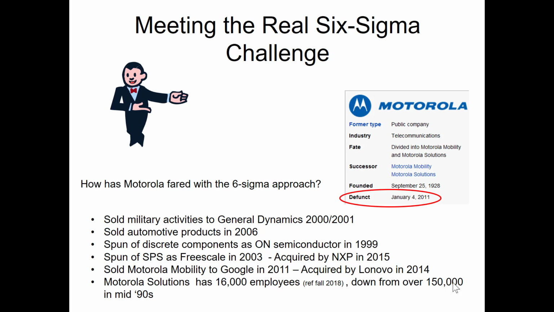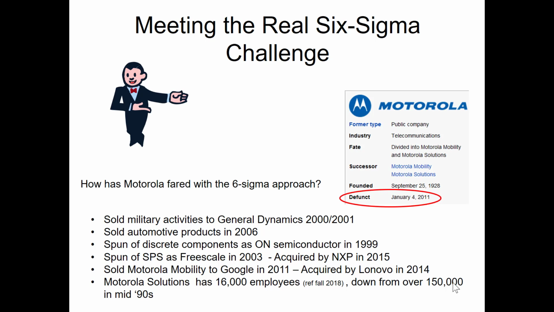They sold their military activities to General Dynamics in 2000 and 2001. They sold their automotive products in 2006 before they lost their several $1 billion the next couple of years. They spun off their discrete semiconductor components as ON Semiconductors in 1999.